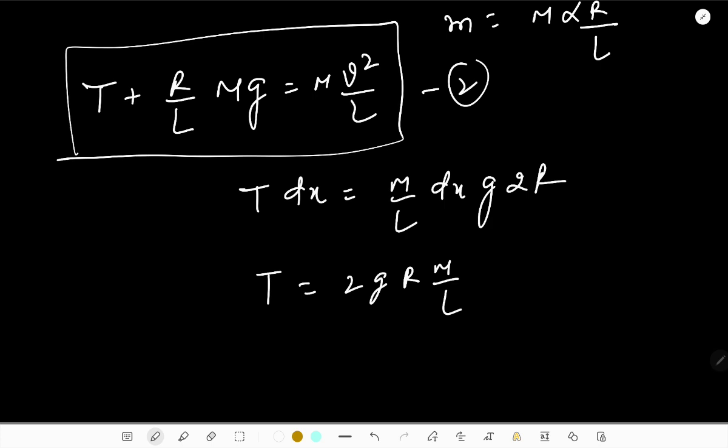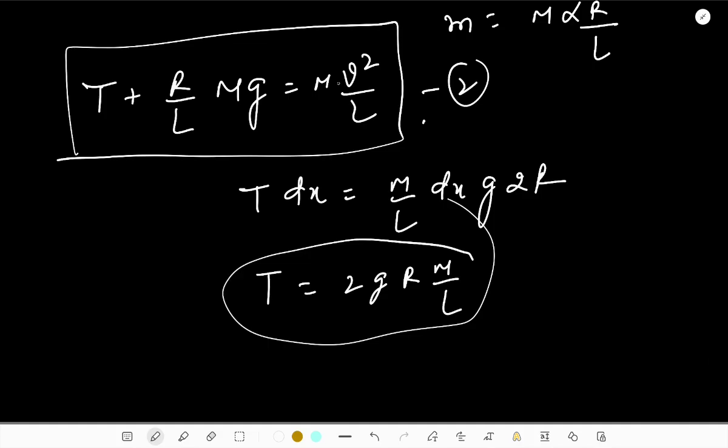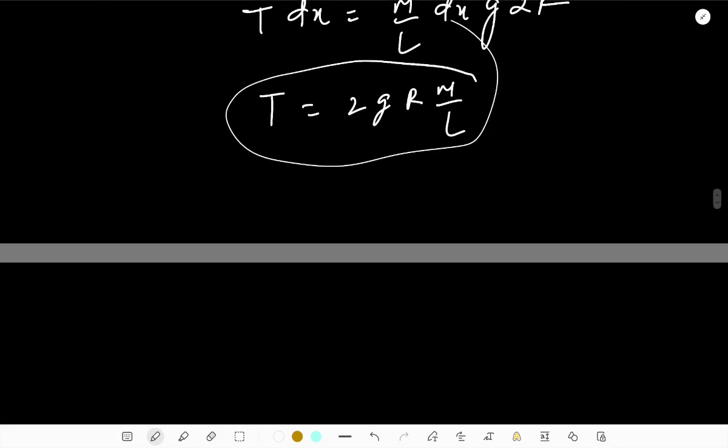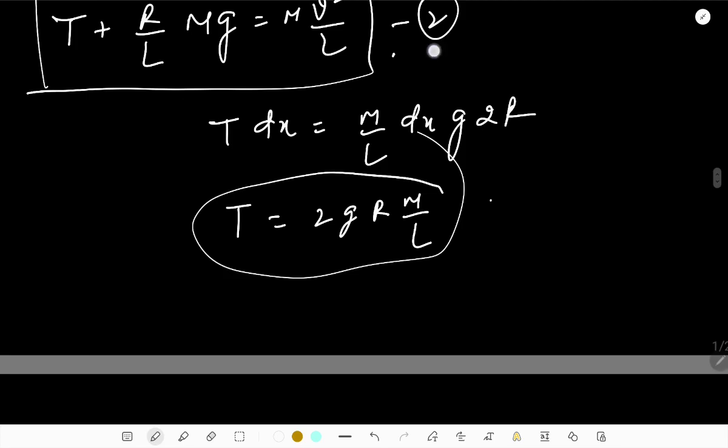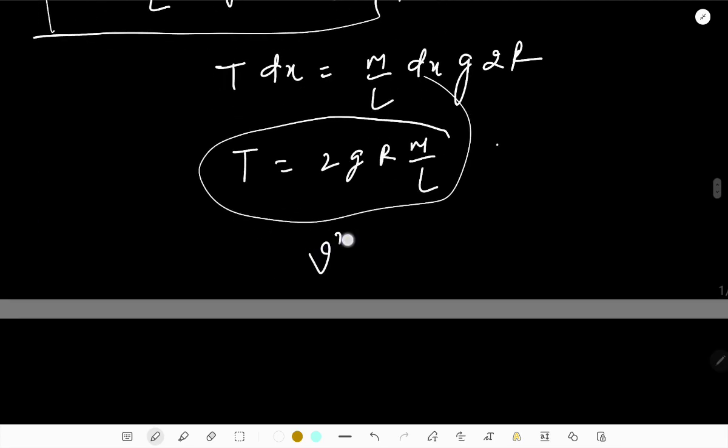I got the value of T, and this value of T can be put into this equation, and we can get the value of v square. Then what is the value of v square? We got 3gr. So by putting this value into this equation, we get v square equals 3gr.